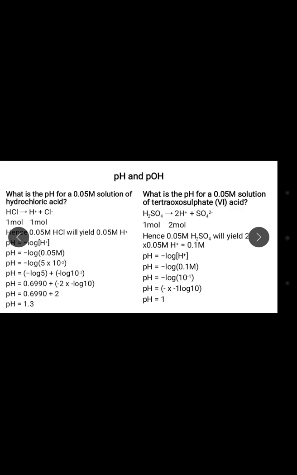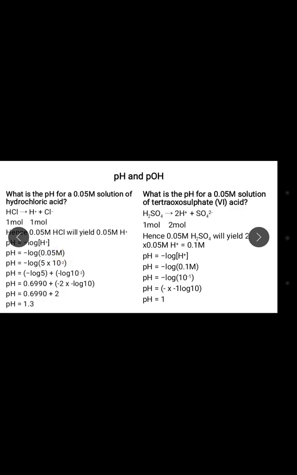Then you use the formula which says pH equals minus log hydrogen ion concentration. Don't forget, we are looking for the pH, and we already know the hydrogen ion concentration. So this is representing hydrogen ion concentration, so you substitute this value 0.05 molar.